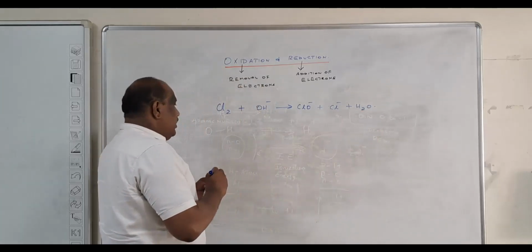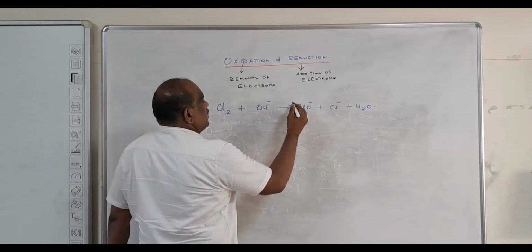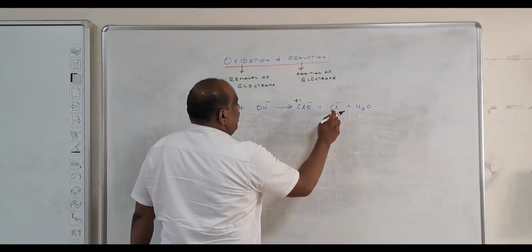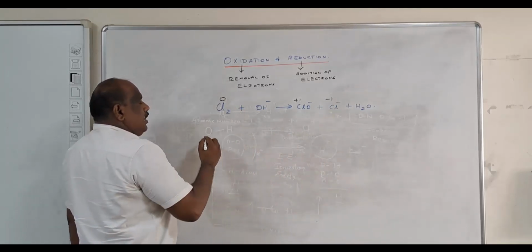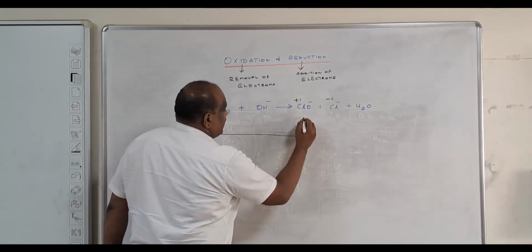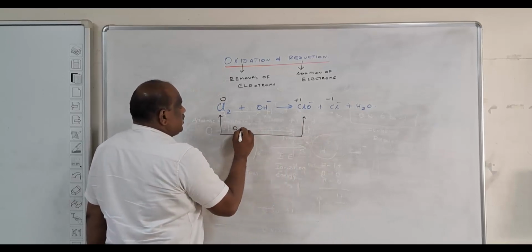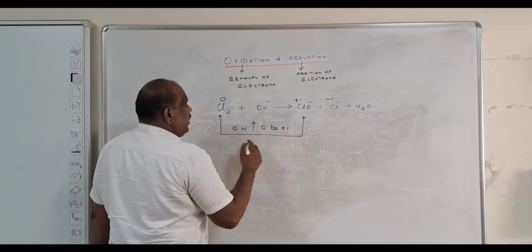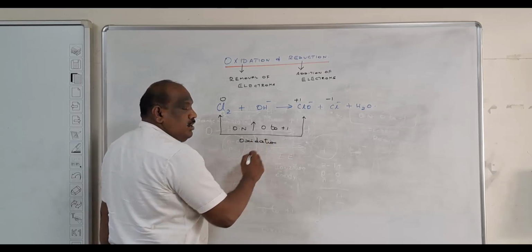As we discussed earlier, the oxidation state of chlorine in ClO minus is plus 1, and the oxidation state of the chloride ion is minus 1. Here it is 0. Now if I consider this and this, is it oxidation or reduction? Oxidation, very good. Why? Because the oxidation number increases from 0 to plus 1. So this step is called the oxidation half reaction.